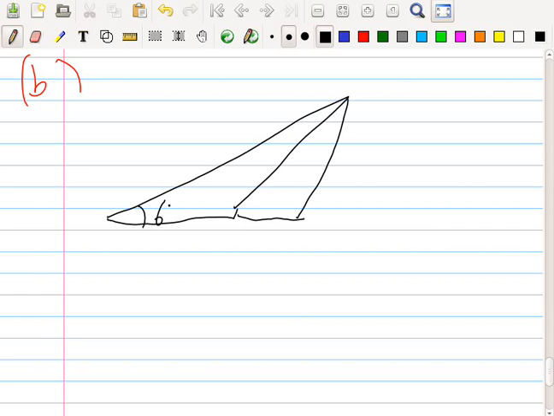What's here? 64. What's here? 67. Here? 180 minus 67, 113. Here, 180 minus 64 minus 113. So that's 3.